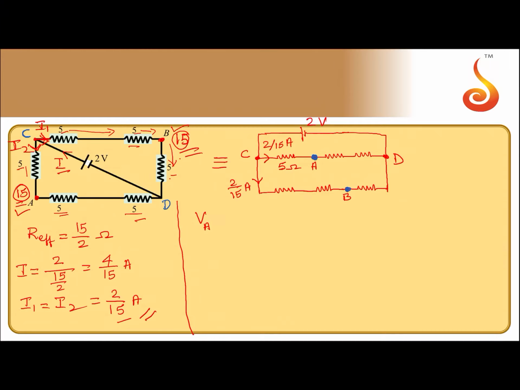So VAB will be equal to, all resistances are 5.